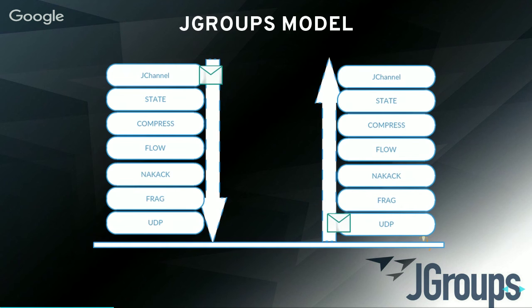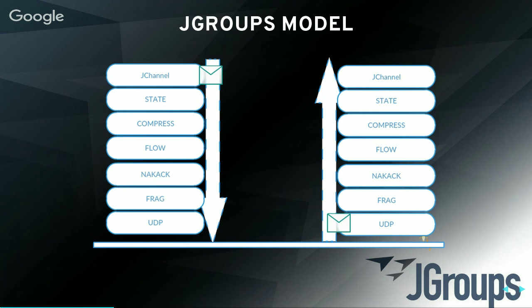JGroups behaves in a very similar fashion. Just take a look at that. Your message is created and passed into a channel, and then a whole stack of protocols kicks in. The same happens on the other side. It is picked up by the transport protocol and transmitted up to JChannel, which is the lowest part of the API that JGroups gives you to program against.